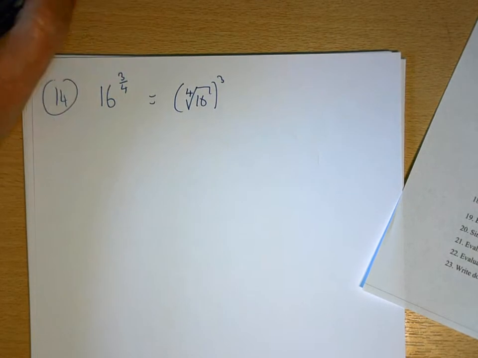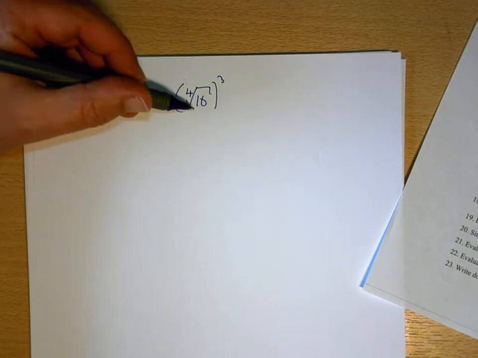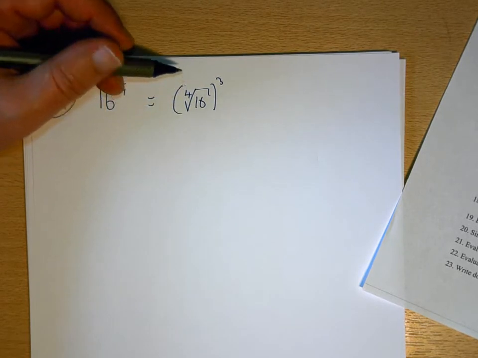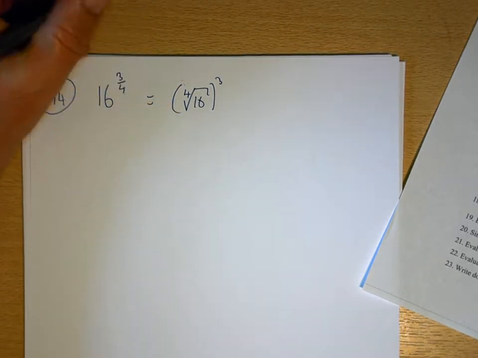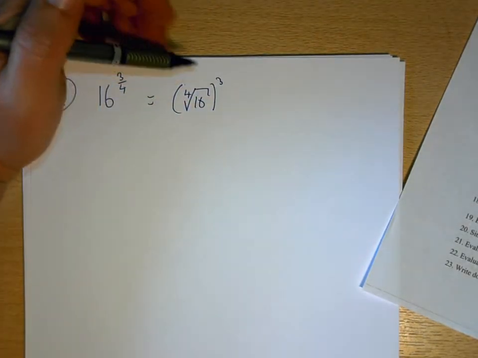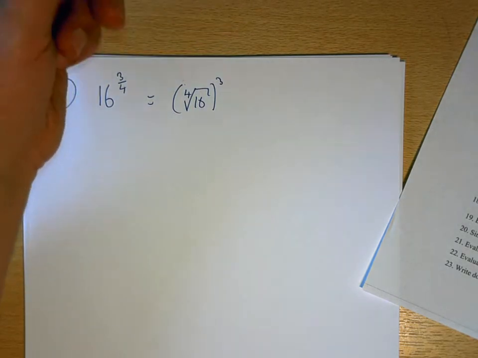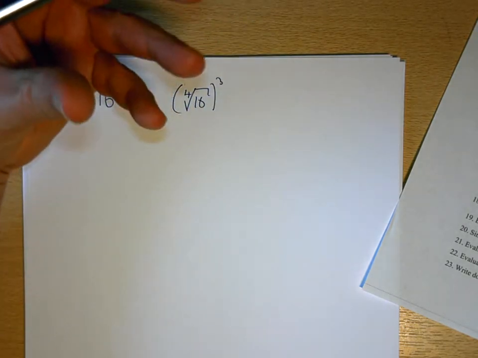Now the fourth root of 16, what you're saying is what times itself 4 times makes 16. And it's worth you knowing what 2 to the power of 1, 2 squared, 2 cubed, 2 to the 4 is. And the same with 3, 3 squared, 3 cubed. They're standard ones, and it's likely to be one of those that will come up.